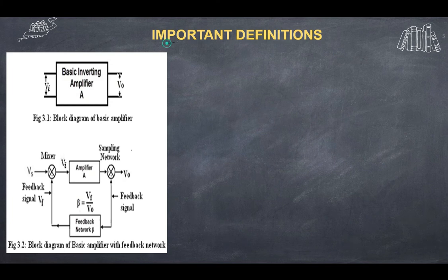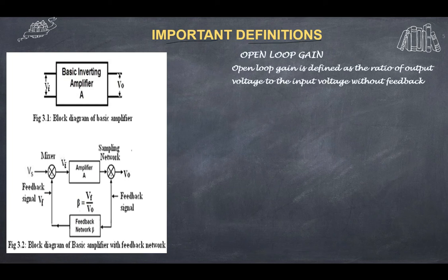Let us see the important definitions of the feedback amplifiers. First one is open loop gain. The first basic circuit defines this definition. You know, any gain is nothing but output parameter by input parameter.